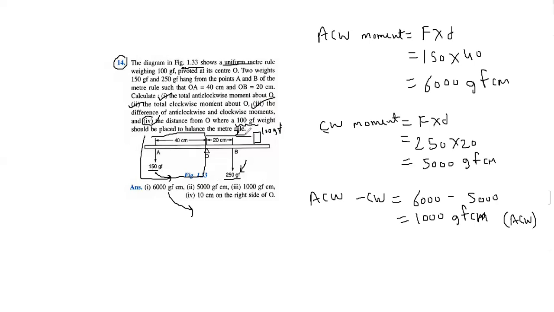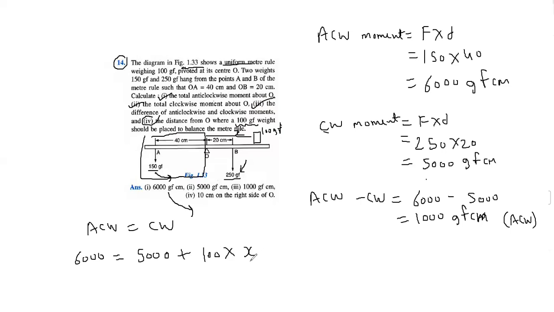For that, we have to use the principle of moments, which is anti-clockwise moment equals clockwise moment. Anti-clockwise we already have, which is 6,000. Clockwise moment we already have is 5,000 previously, plus we are adding an additional 100 gram force, which is at a distance of x.